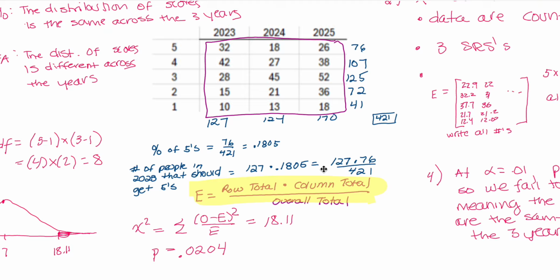That's our expected value or expected percent of people who are getting 5 in 2023. But the general formula will be row total times column total over overall total. The chi-square in this case will be the summation of observed minus expected quantity squared over expected, which gives us 18.11. The p-value will be 0.0204.